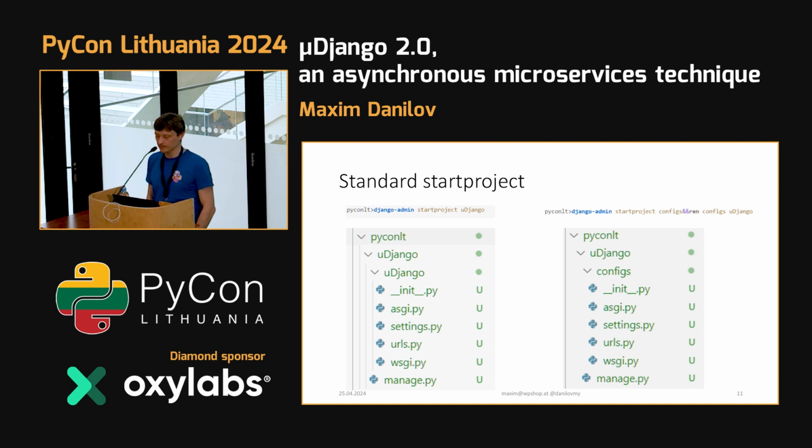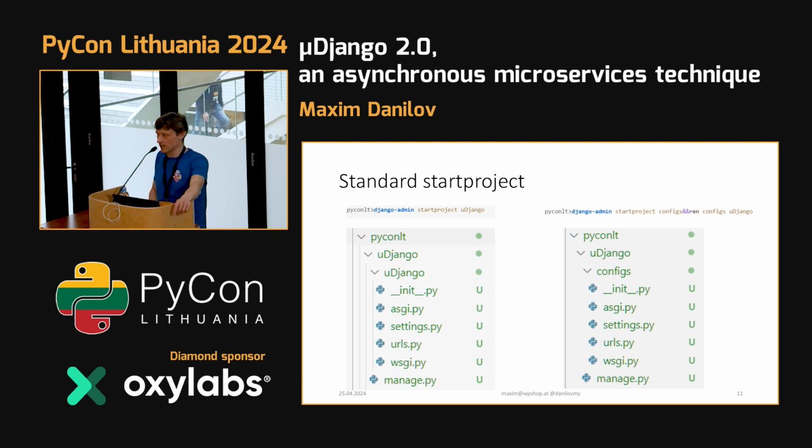I start a project named config, and after that I rename the root folder to µDjango. In this case, I have a project where I have a folder config, and in the config folder I can collect all settings and configs which we need. Easy and light to understand.